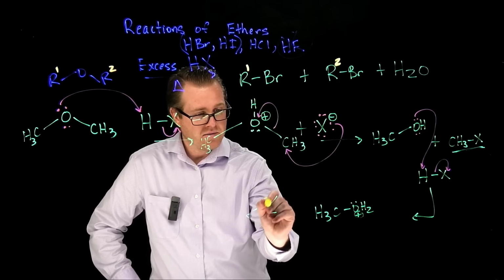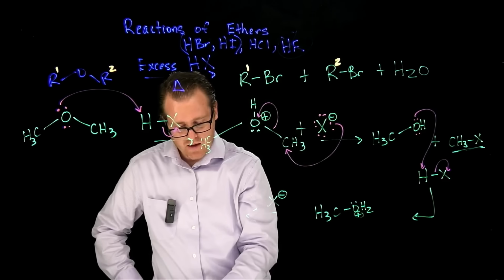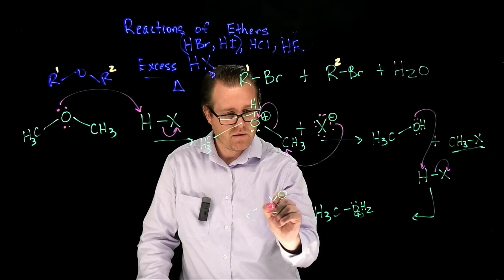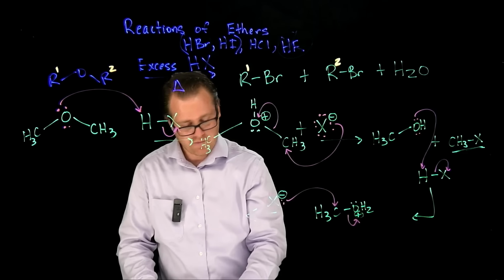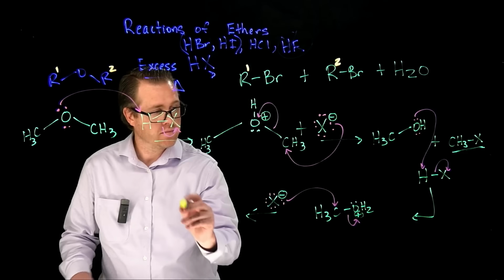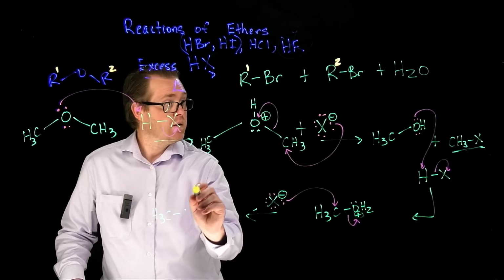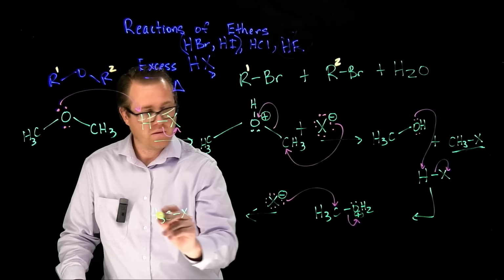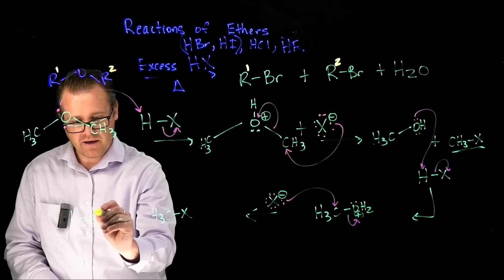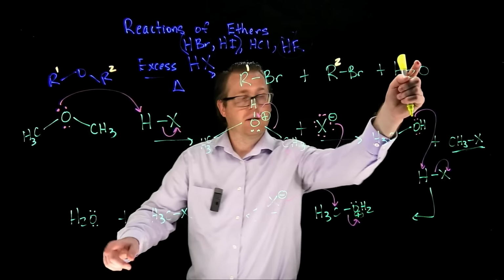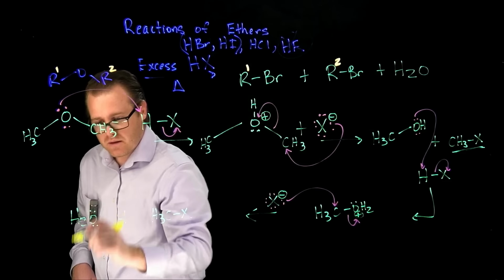But we have X minus now again. That one is right there. So that's going to come in and do another SN2. And then you can see that in that last step, what have we generated? Our water. So you can see that it matches right there.